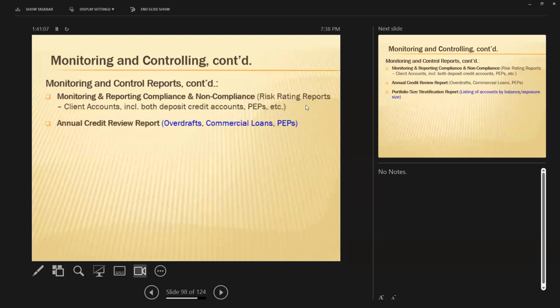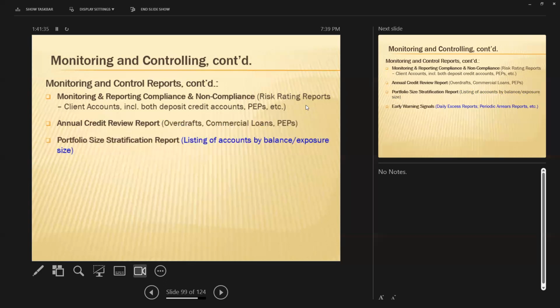Annual credit review reports. Again, this kind of ties in with the risk rating reports. When you're doing your annual credit review, you will be using your credit risk rating reports. So that is overdrafts, commercial loans, and like I said, PEPs will be reviewed or renewed annually.